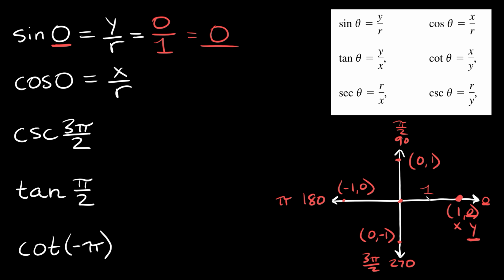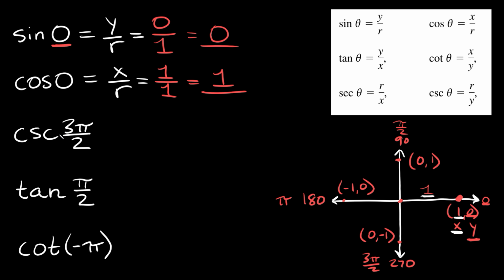We can assume that r is equal to 1, and this time we're looking for what x is equal to at this spot, and it's equal to 1. So we plug in a 1 for x. This is equal to 1 over 1, which is simply 1. So the cosine of 0 is equal to just 1.